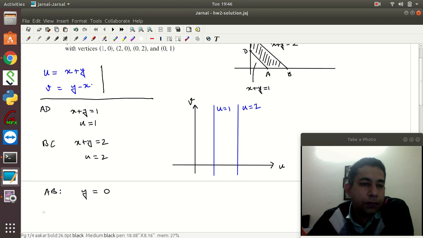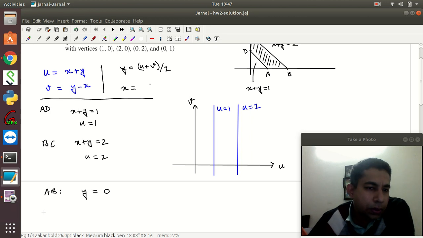Okay, if you're solving for y, what do you get? Y should become u plus v over 2, right? Okay, and similarly, what does x become? X should become u minus v over 2.